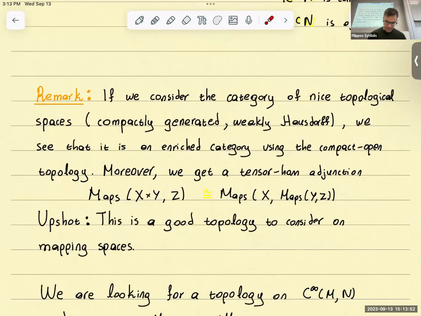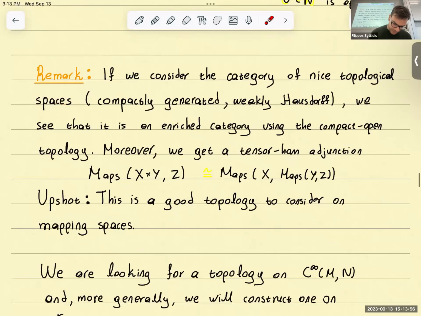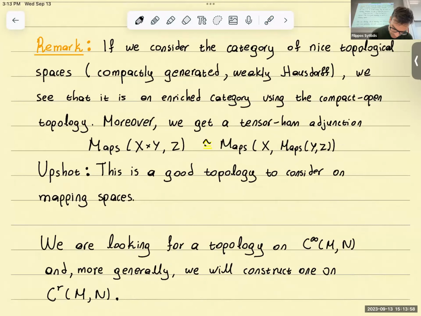Yeah, so the category of nice spaces is enriched using this compact open topology, and we basically get a tensor-hom adjunction. That's one of the reasons why we restrict attention to nice spaces. The upshot is this is a good topology to consider for mapping spaces. That's all I want to say.